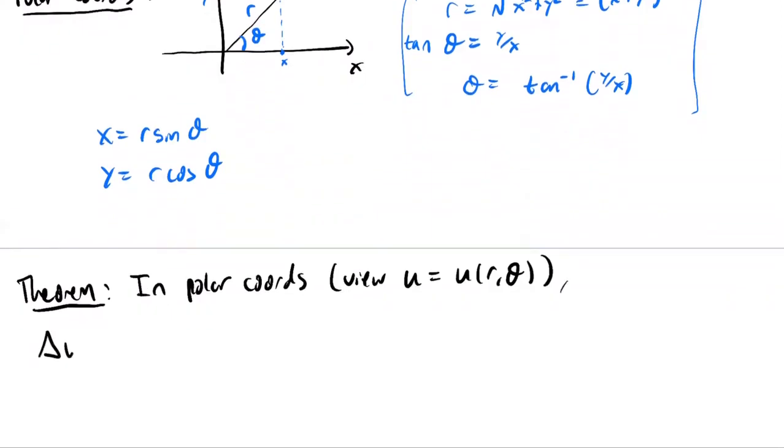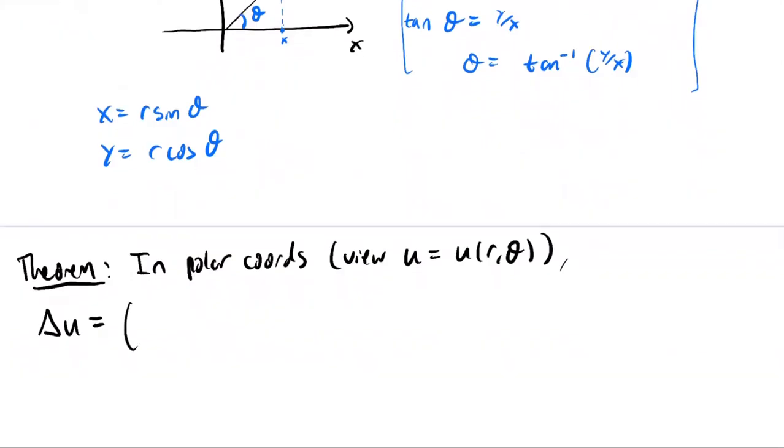The Laplacian of u is given by, well, you have the second derivative with respect to r, and then you have plus 1 over r times the first derivative with respect to r, and then you have a term corresponding to theta. You have 1 over r squared times the second derivative with respect to theta.